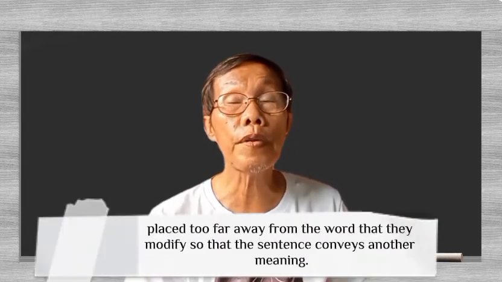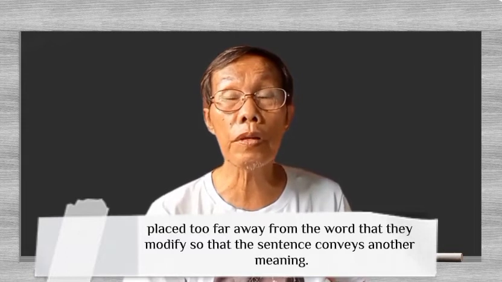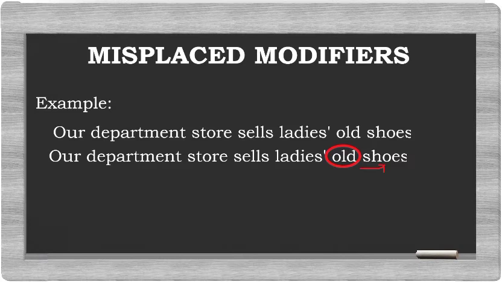Ang mga misplaced modifiers, these are actually modifiers that are placed too far away from the word that they modify so that the sentence conveys another meaning. Take a look at this example here. Our department store sells ladies' old shoes.